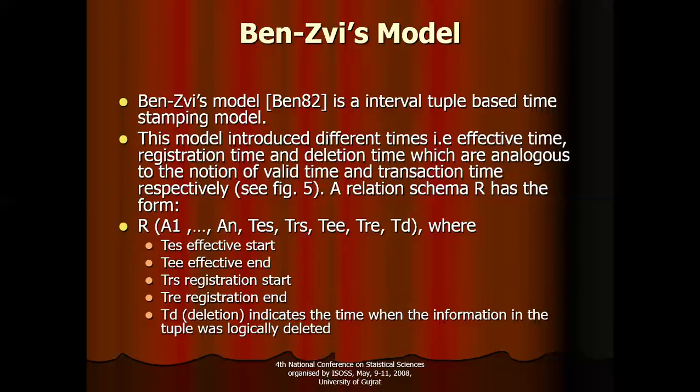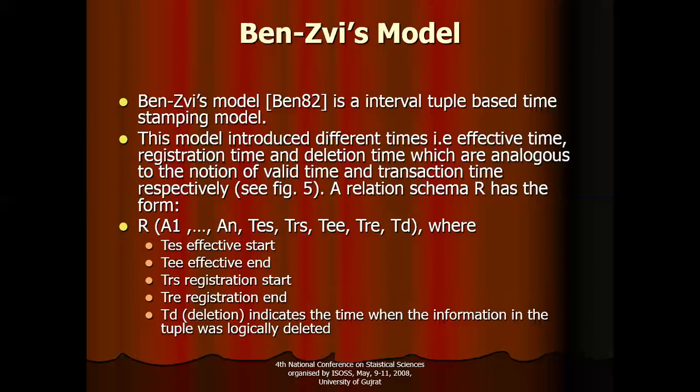This model introduced various times. He came out with a concept of various times rather than the concept of valid time and transaction time. He introduced the concept of effective time, registration time, and deletion time. Later on, people have represented his approach in terms of valid and transaction time.